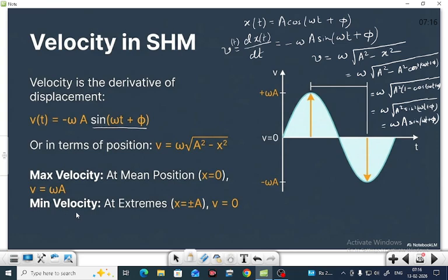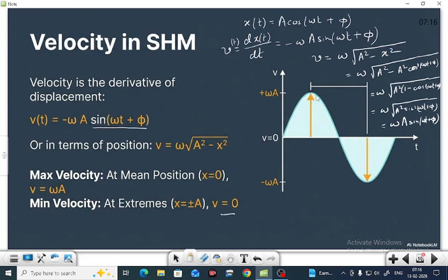Minimum velocity is at x equal to plus or minus a, where the velocity is 0. The velocity is 0 at plus or minus a. So the maximum velocity is omega a, and the minimum velocity is 0.